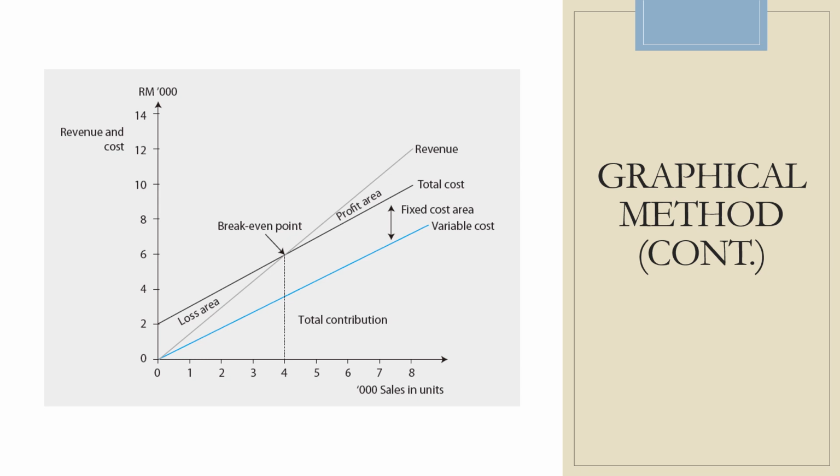The chart also provides information regarding the amount of total contribution earned. In the graph, you can see the total contribution earned is the area between the total revenue line and the variable cost line.